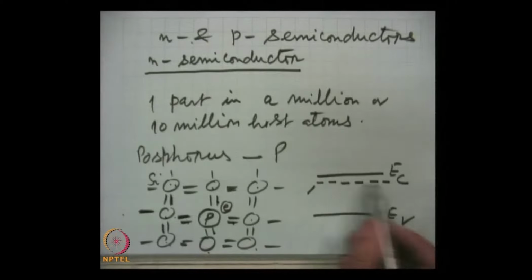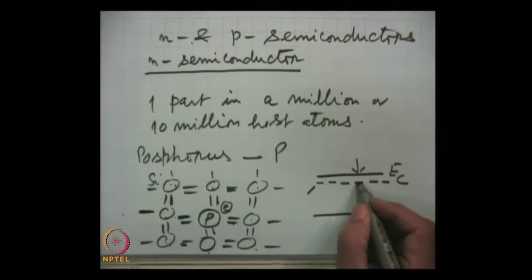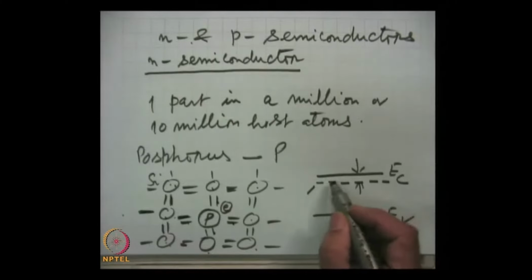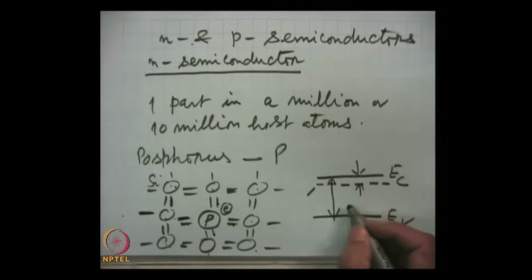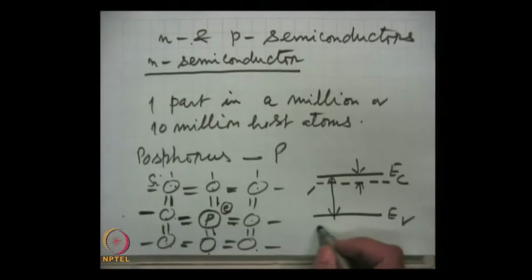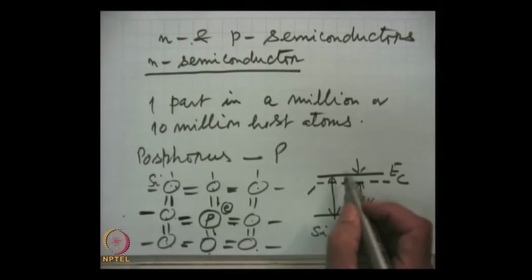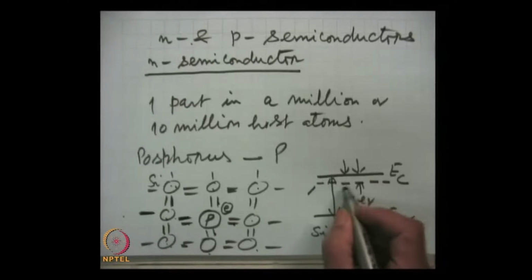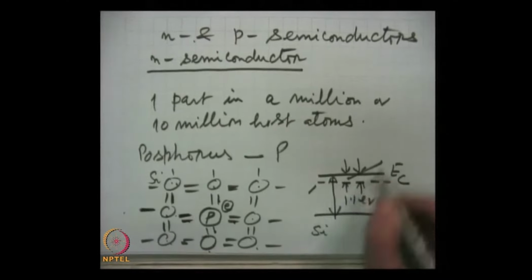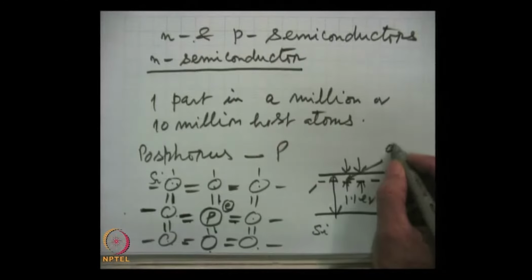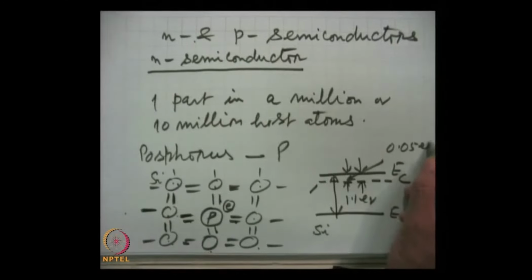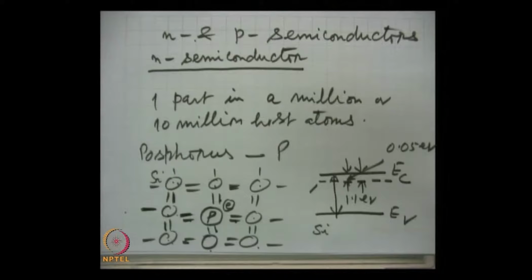So, the energy states are here, and this is the band gap, which for silicon is of the order of 1.1 electron volt. The difference between these two is a small fraction, around 0.05 electron volt. It is a very small energy.